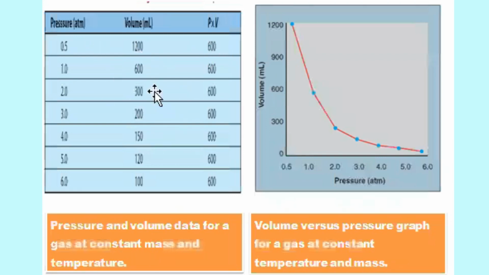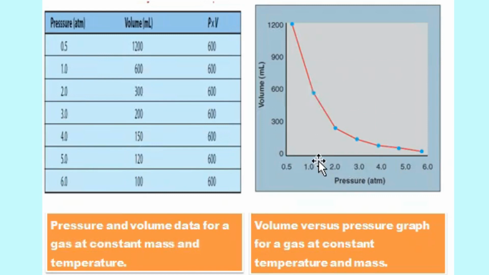Okay, this is the data for pressure and volume and the product of pressure and volume. Okay, inverse relationship. Look at this one, pressure, and this is the volume. An increase in pressure decreases what? The volume.